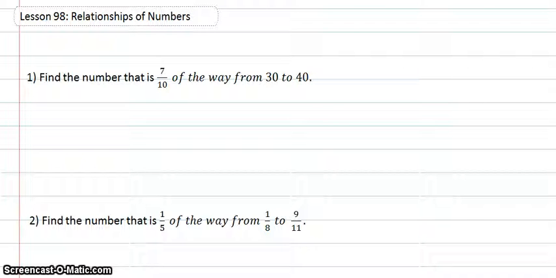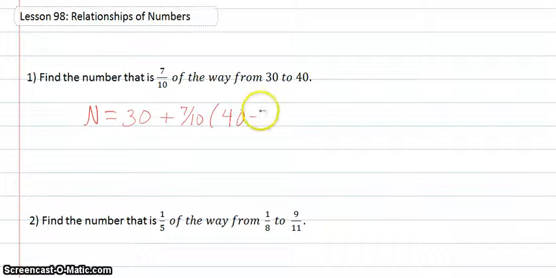Okay? So in our first example it says find the number that is 7/10 of the way from 30 to 40. So the number is 30, because that's our starting number, plus 7/10 of the difference of these two numbers, so 40 minus 30.